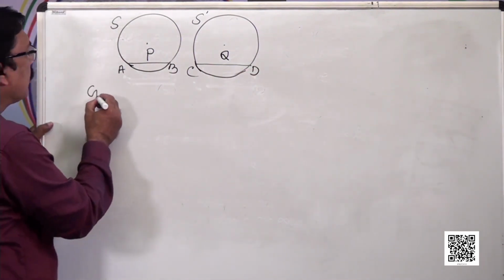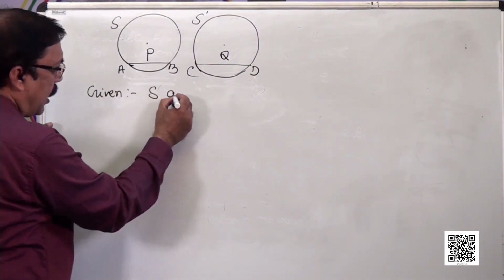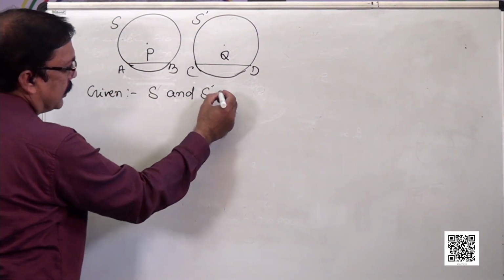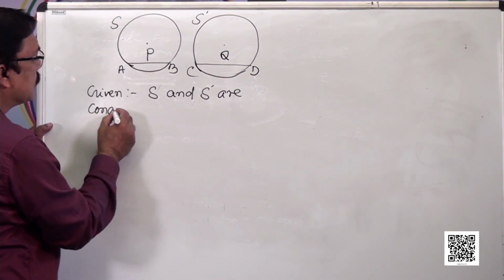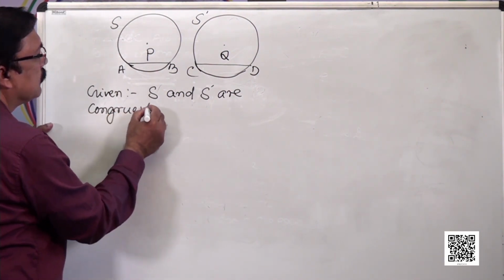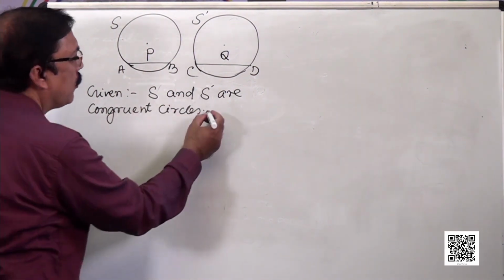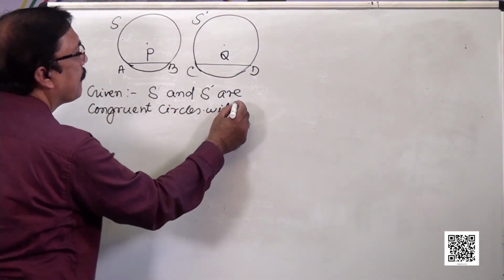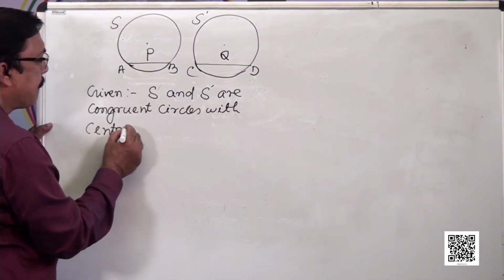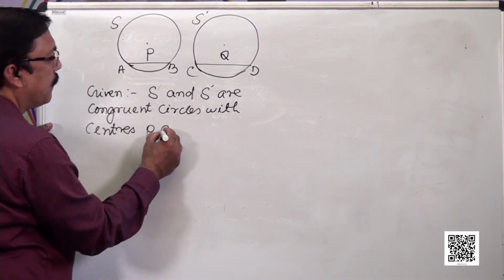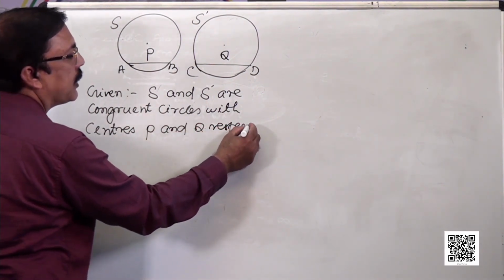It is given that S and S dash are congruent circles with centers P and Q respectively.